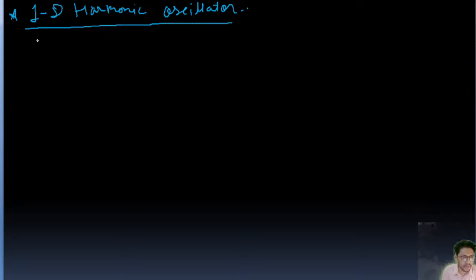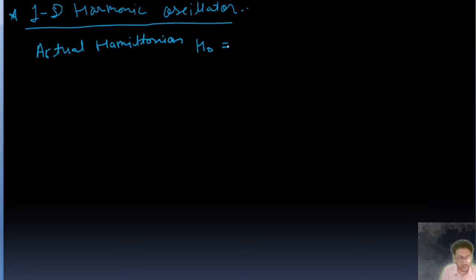The actual Hamiltonian, or main Hamiltonian, H naught equals T plus V, that is Px square upon 2m plus half k x square.